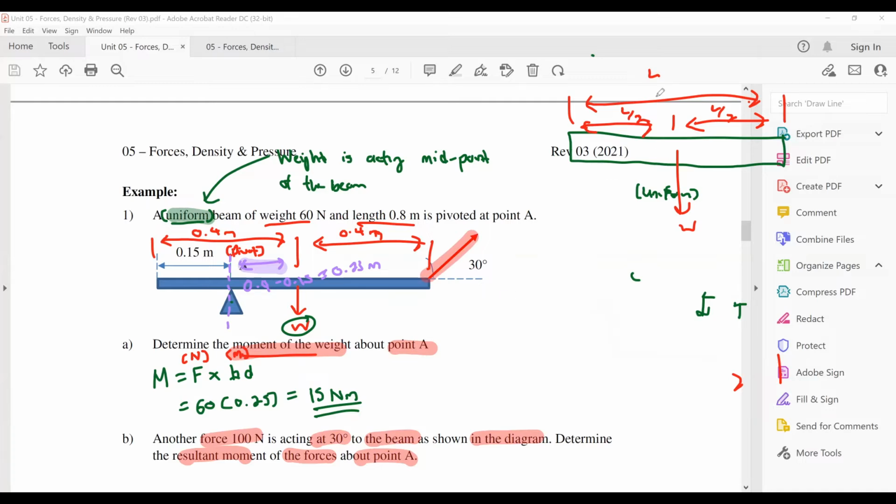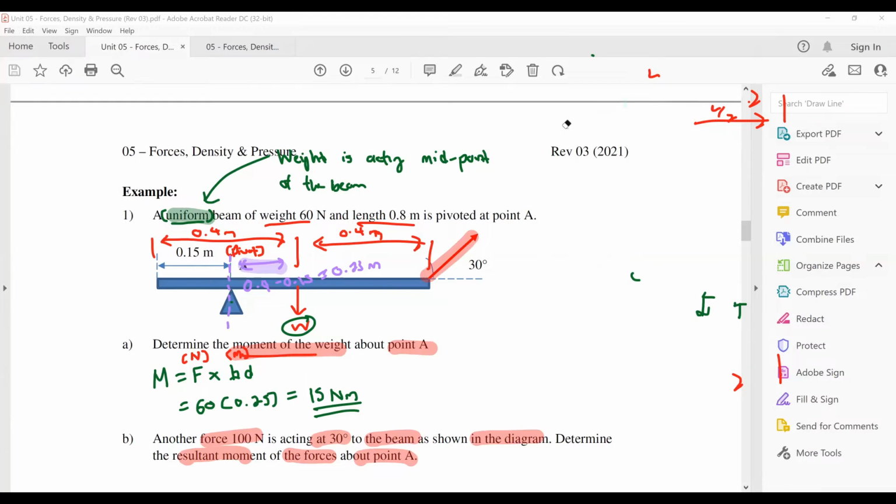All right. So let me just erase off everything here. And let me just erase this. Sorry. The weight is still here. Okay. And then the distance that you have here is 0.25 meter. You already established that.